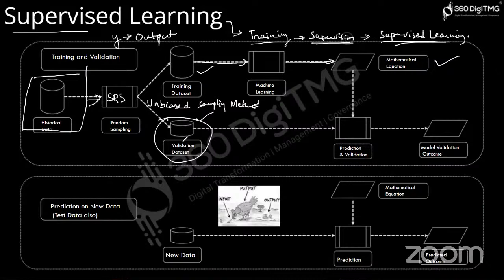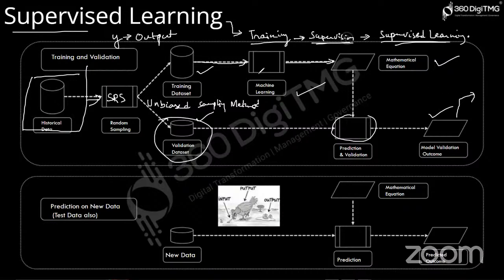On it, we predict using this mathematical equation and find the outcome. Then we compare this outcome with the original value, and using this comparison we can say whether the model is good or not.